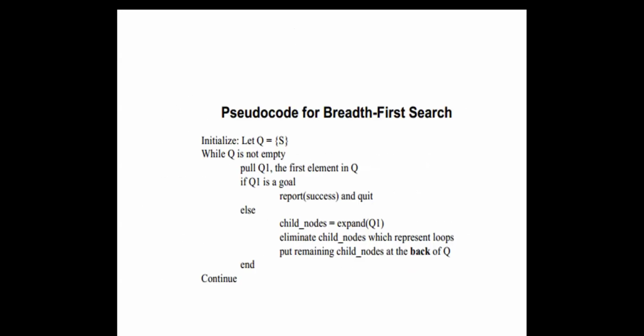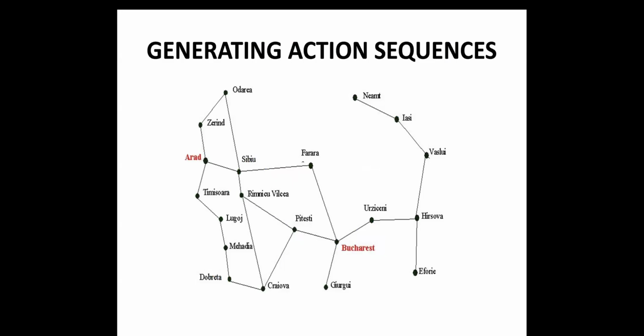So this is a pseudocode for breadth-first search. But before we do that, let's look at an example. This example, we work it out together, and then we'll come back to it. So very quickly, I'm going to change what to share.